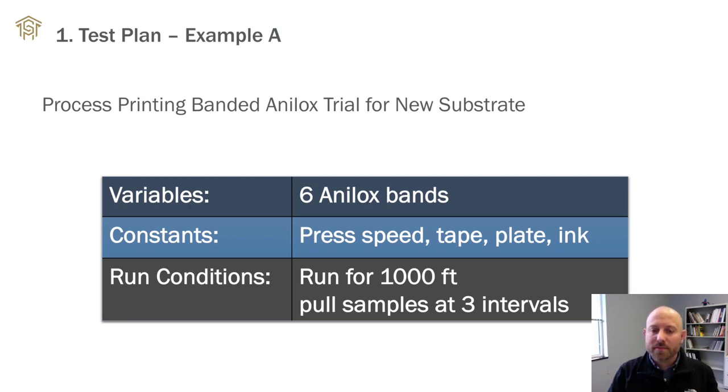Any job that we do in our lab rarely is 1,000 feet, but if you're out in the industry, 1,000 feet is representative of time on the press. If we pull 3 different samples, we can see if there's any deviation between sample 1, 2, and 3. We can measure all 3 and average them.